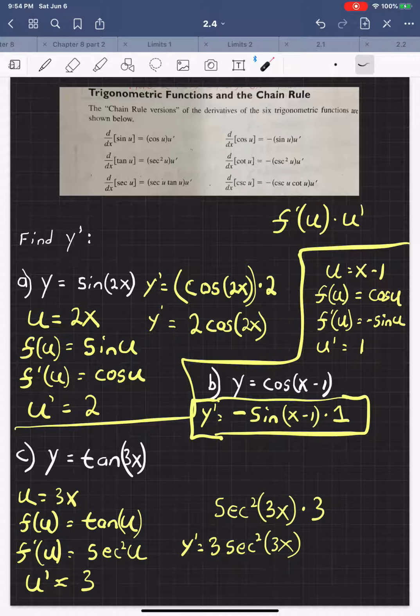I've seen quite a lot of students take this 3 and distribute it inside the angle, inside your function. And I'm telling you, you do not do that. What's inside here is sacred, if you'd like. It's off limits. So this 3 just becomes the coefficient.